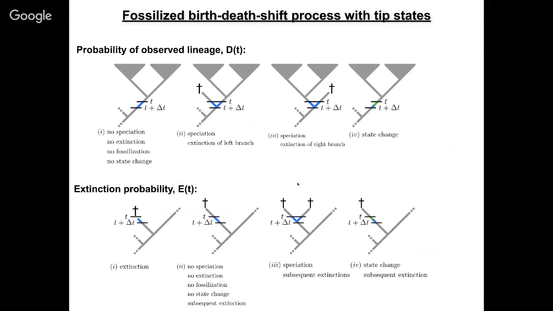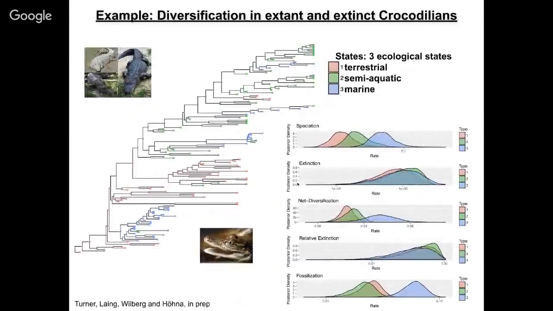And for the extinction probabilities, it's the same thing as before, where either the extinction probability in the short time interval it actually went extinct in lineage, or that no event happened, so no speciation, extinction, fossilization, or state change, and then subsequently it went extinct, or speciation and then the two lineages went extinct, or there was the rate change. So not really a big change from what we had previously by integrating now fossils as well.